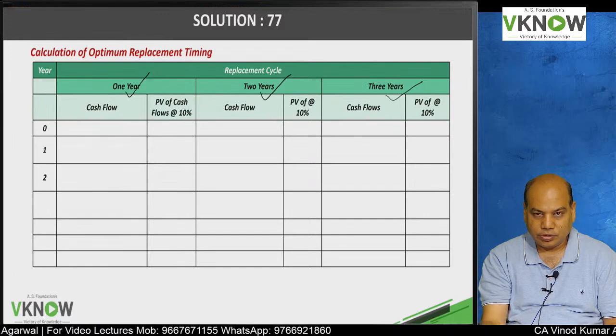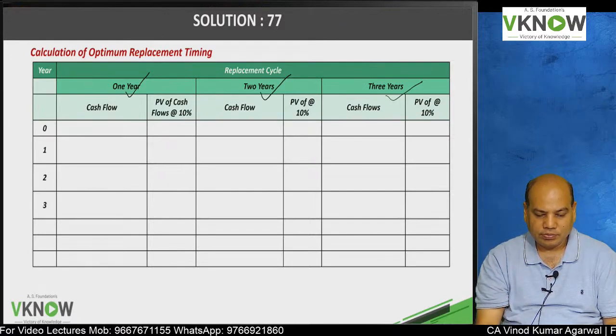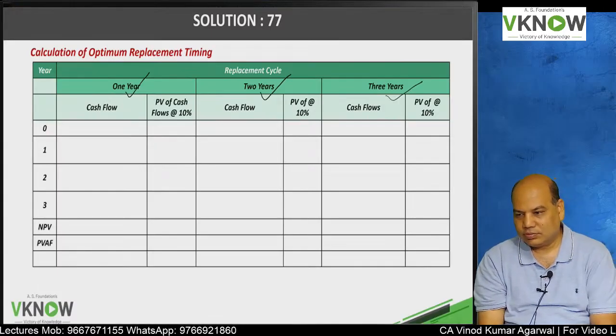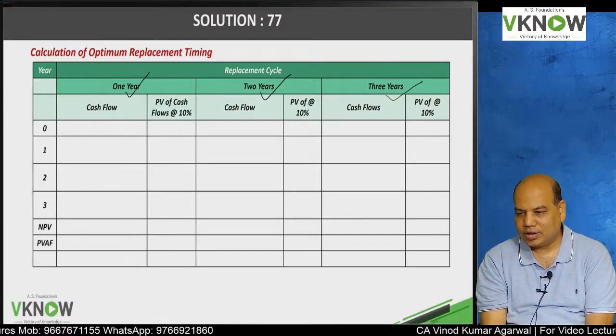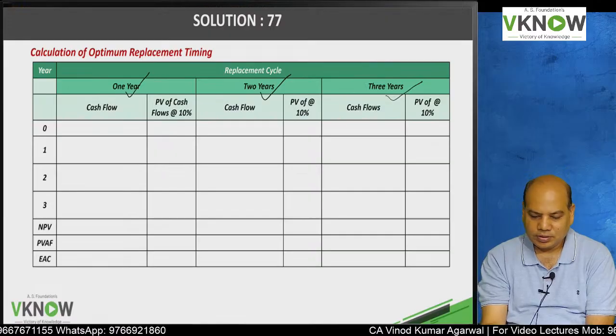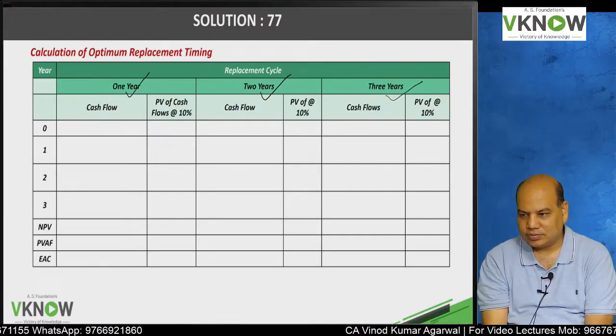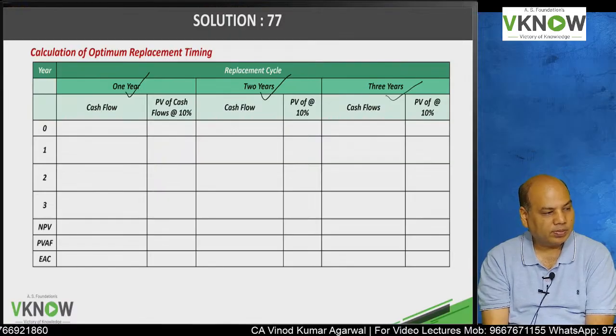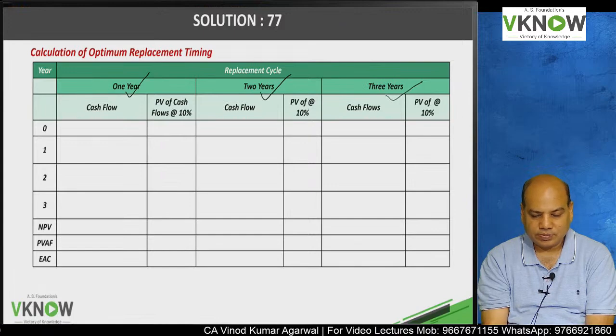Year 0, year 1, year 2, year 3, one line each, then write NPV, then PV annuity factor, and then EAC. So this will be my format. We did this in the previous problem also, but by making separate tables. This time I am not preparing separate tables.